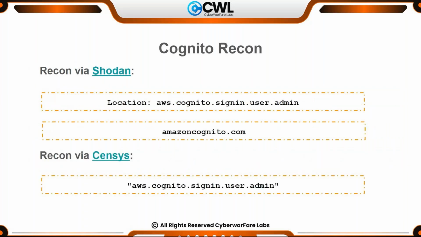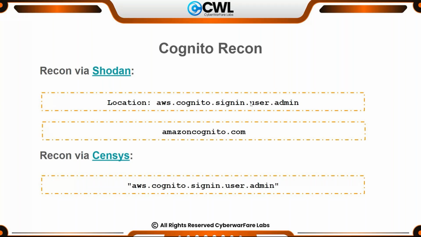Now we will be performing some of the recon techniques on AWS Cognito, starting with Shodan. So we have listed two queries here. The first query searches for DNS names that contain aws.cognito.signin.user.admin.